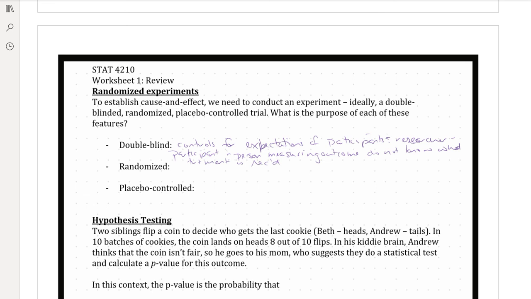In a randomized trial, this creates groups of participants as similar and comparable as possible, by balancing out unwanted variables in variation.